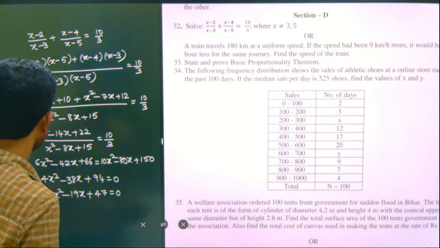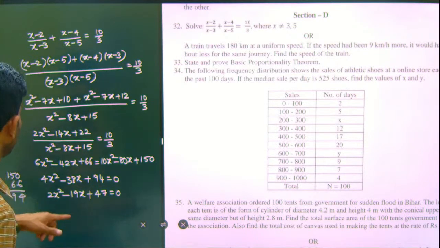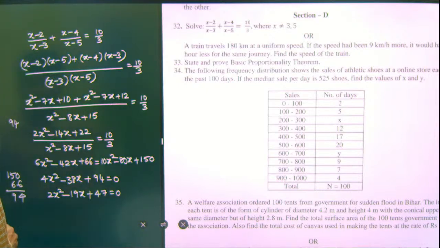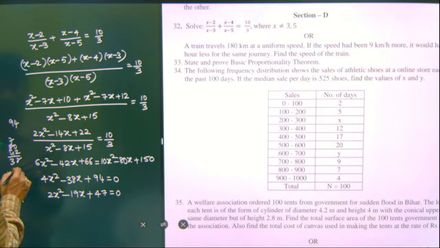10x square minus 6x square, 4x square, minus 80x plus 42, minus 38x, correct, 150 minus 66, 4. Okay, here I think we did wrong.